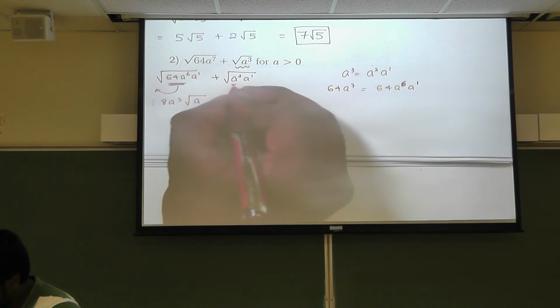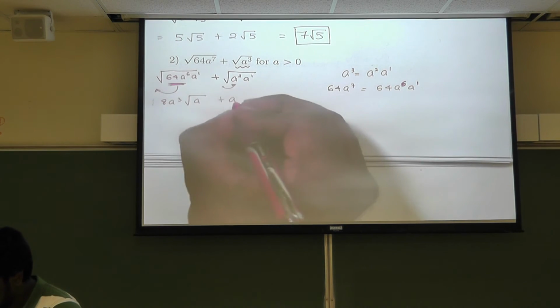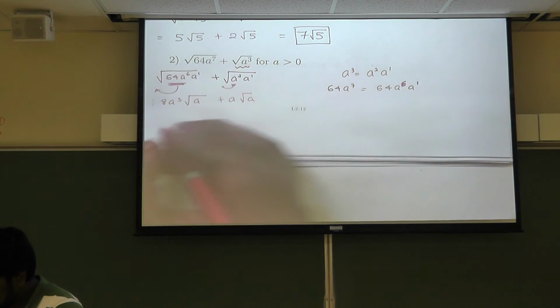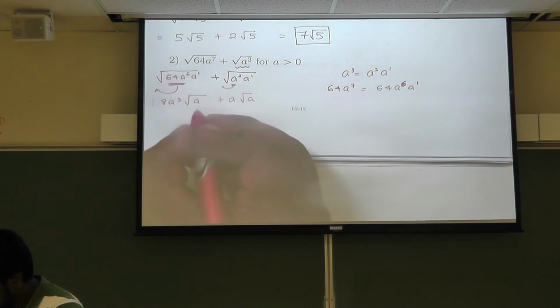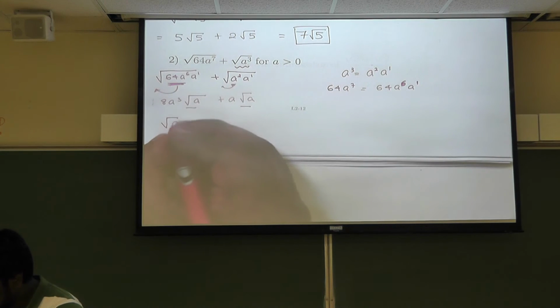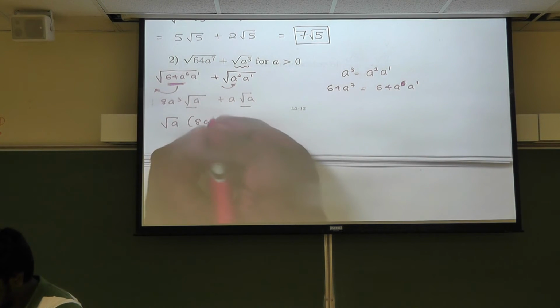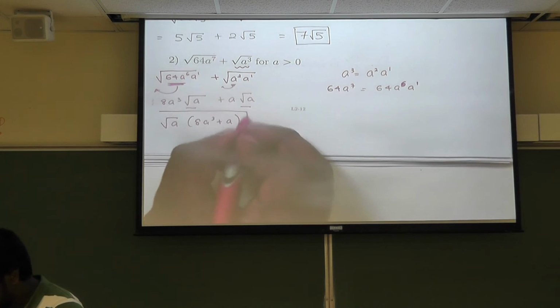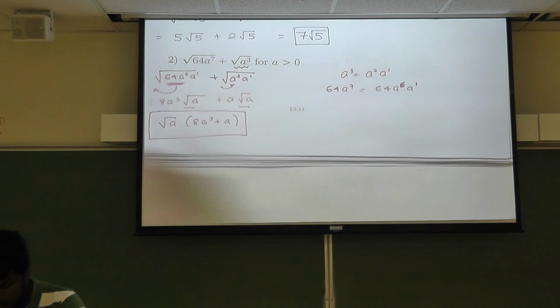And you can pull this out from the square root. That would be a root a. Now you can see root a is a common factor, so you can take it out. 8a cubed plus a. And well, at this point that would be a final answer.